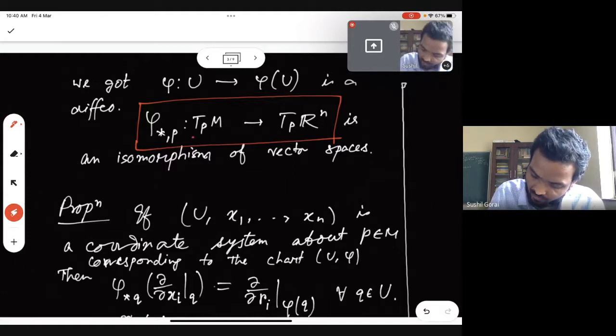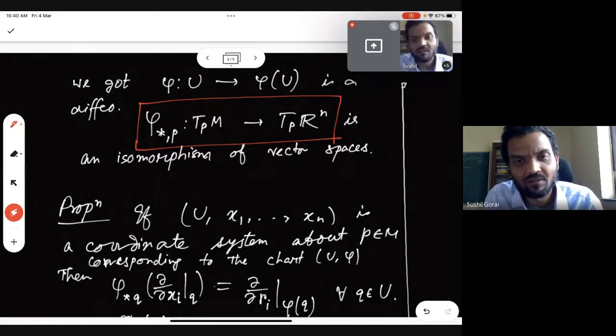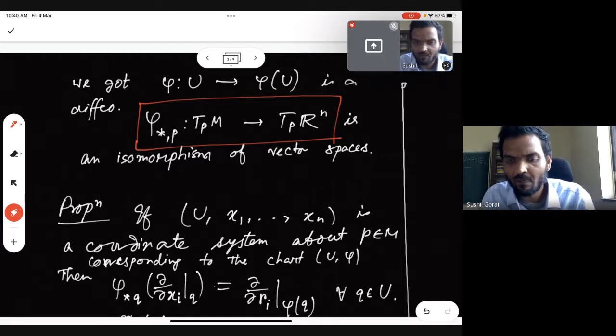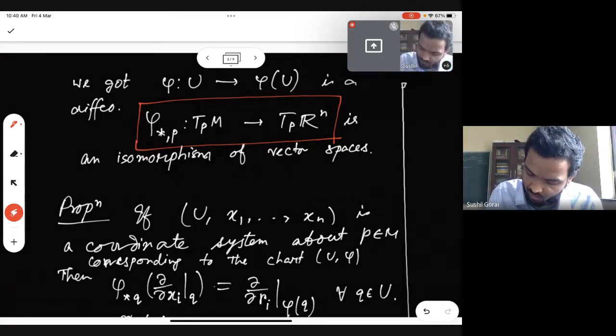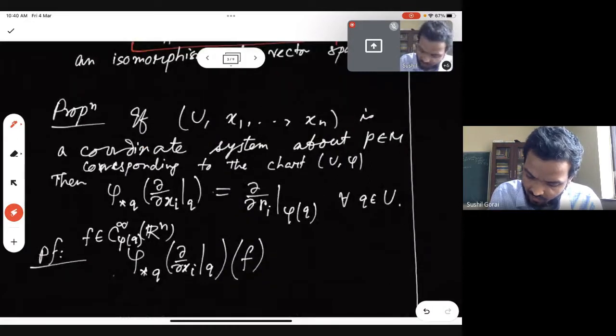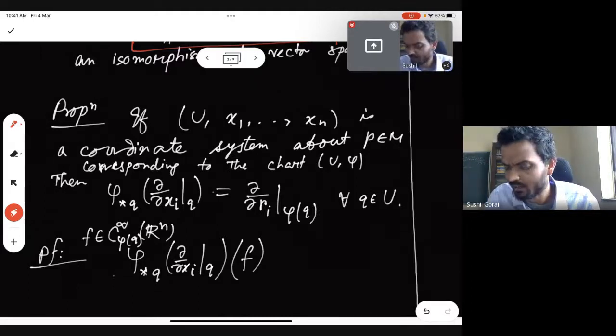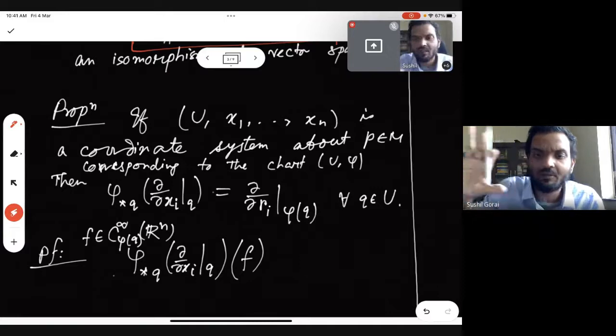Now del by del xi is a vector in the tangent space, that you already know. It's a derivation. Del by del xi is a derivation. That part we already know. So we want to look at the image under phi star at q. So q is any other point. P is a particular point, and q is varying in that neighborhood.